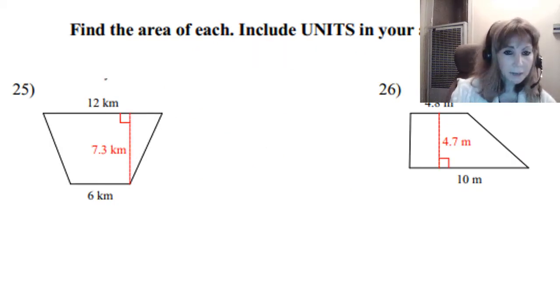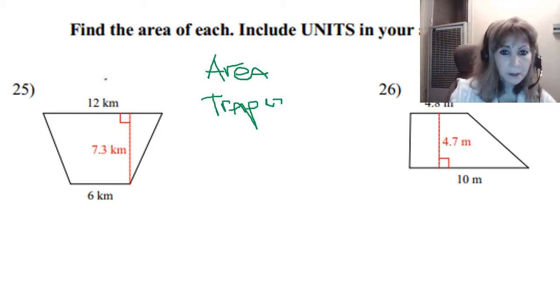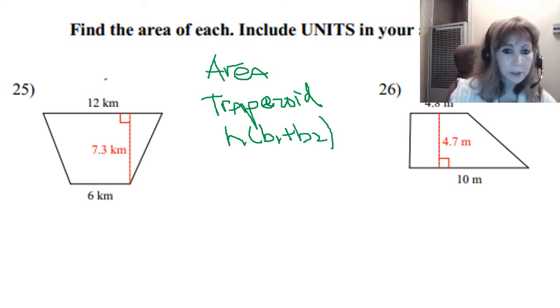And then lastly, we have area of a trapezoid. And like I said, for a trapezoid, I use this formula: the height times base 1 plus base 2, and then we divide by 2.